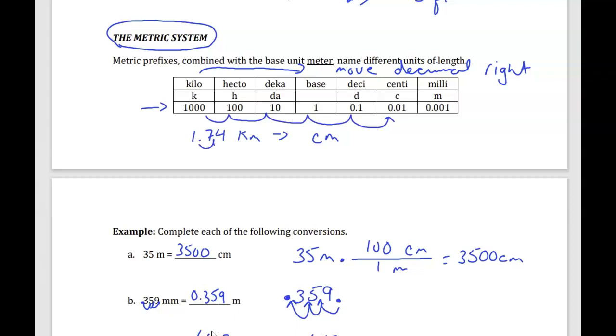So I go 1, 2, 3, 4, 5 jumps. So notice I've got 1, 2, 3 empty spaces. So that's going to be 1, 7, 4, and 3 zeros, centimeters. And my decimal place would be back here. I do not put my decimal place still behind that 1. It now goes back behind.